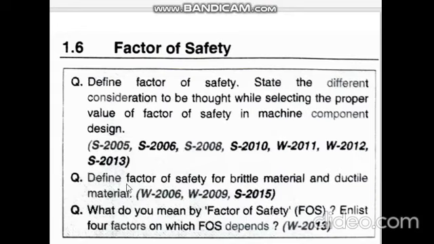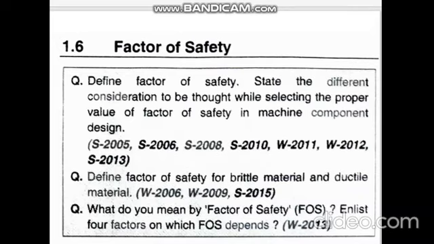Here this question says: define the factor of safety, how much should it be for brittle material and for ductile materials, and what do you mean by factor of safety? Enlist four factors on which the factor of safety depends. Okay, so now let us see what is factor of safety.